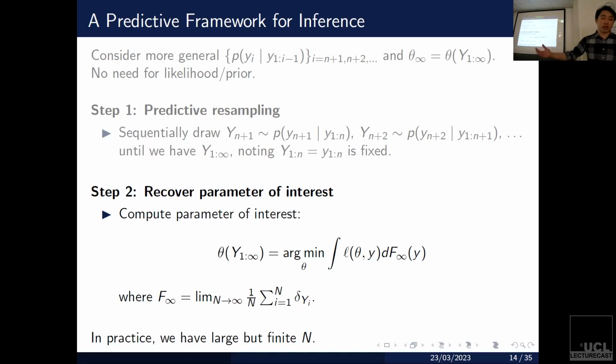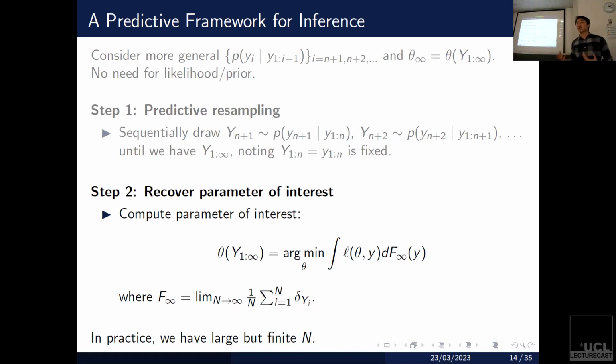If we have an imputed infinite population and we take the empirical distribution, this is going to give you a random distribution F infinity. And so taking a functional of this, minimizing this expected loss, is going to give you a parameter of interest. And the final disclaimer is, of course, we can't actually do this for infinity. We can only do this for some large but finite capital N. We'll also see shortly that you don't need this to be very big for you to converge, which is quite neat.